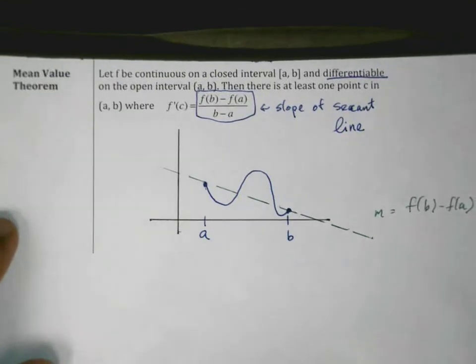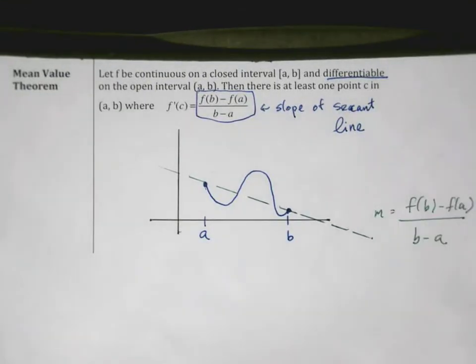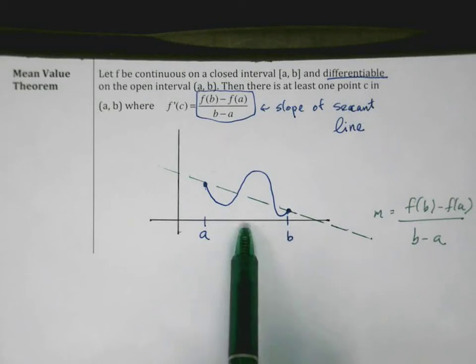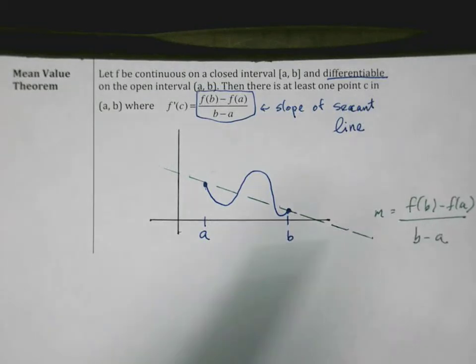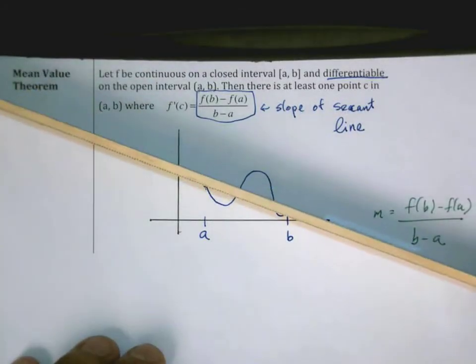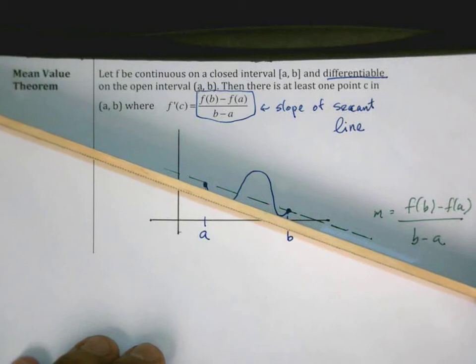Now what this says is that there exists, and the key word is there exists, a point somewhere in here where the instantaneous rate of change is equal to this slope. If I take this ruler, that's the slope of this line, and I should be able to slide it somewhere such that the instantaneous rate of change is equal to the slope of that secant line.